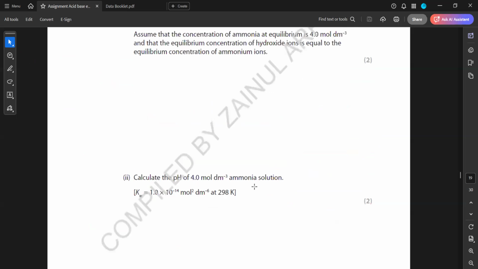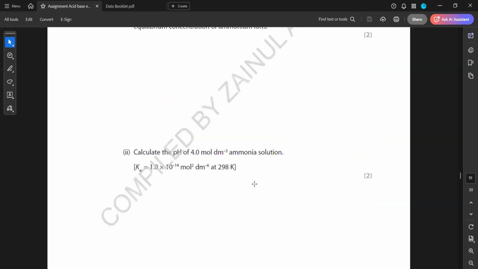Then calculate the pH of 4 mole ammonia solution. We already have the hydroxide ion concentration from the previous answer, which was 8.4 into 10 to the power negative 3. And we know the concentration of hydrogen ion multiplied by the hydroxide ion is equal to Kw, the dissociation constant of water, which at 25 degrees centigrade or 298 Kelvin is 1 into 10 to the power minus 14.